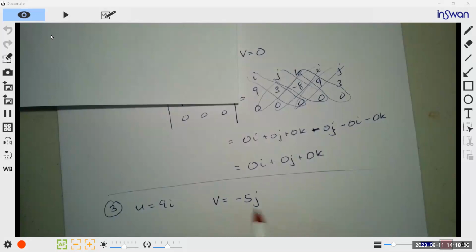So those are pretty self-explanatory. We just have to find u cross v. i, j, k. This matrix is 9, 0, 0, 0, negative 5, 0.